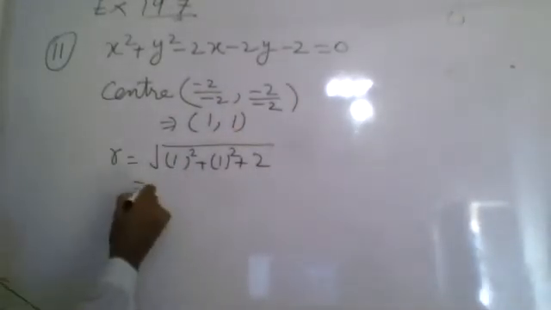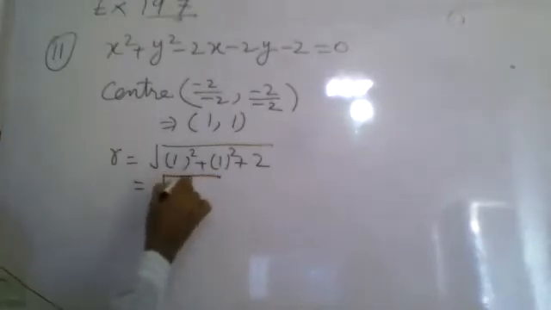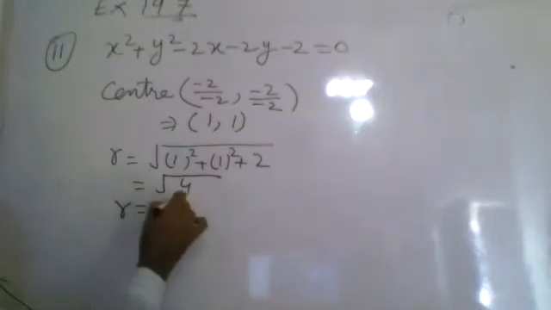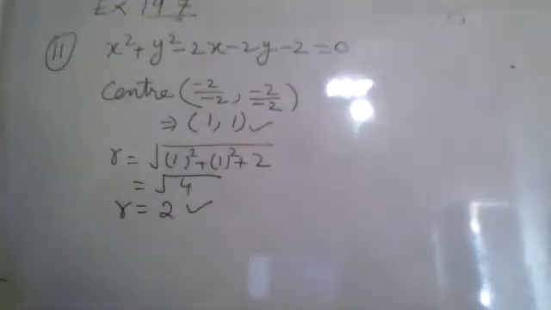So the answer is the square root of 4, which is equal to 2. So the radius is 2 and the center is 1, 1. By this method we will find the center and the radius.